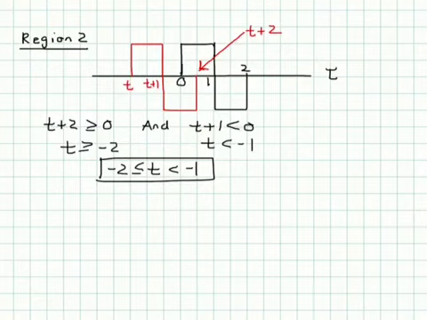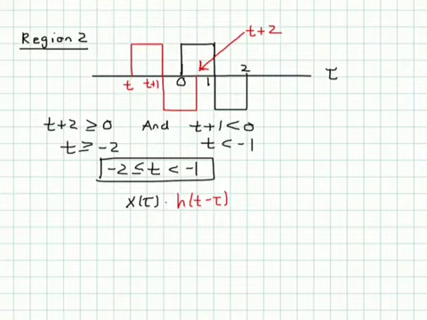And in region 2, now I have to sketch the signals x of tau times h of t minus tau. Let me redraw this so that I remember, showing you h of t minus tau in red.